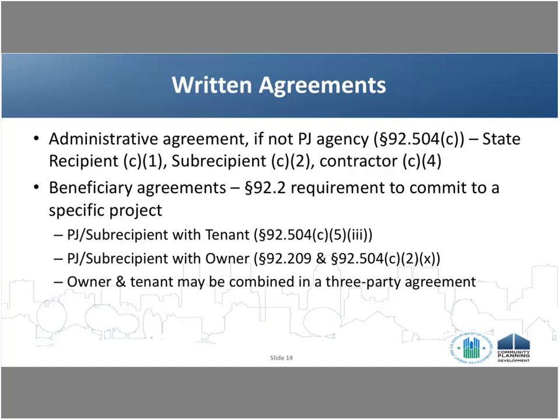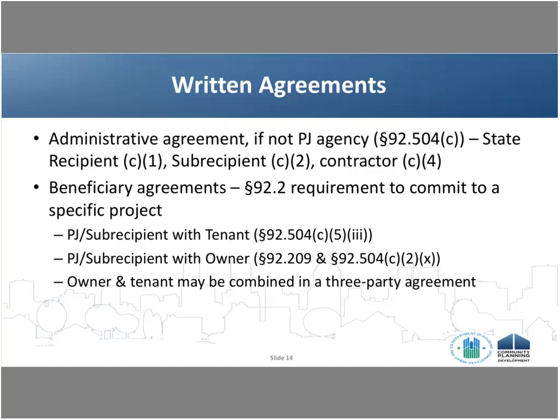So the bottom line here is that the administrative details that I wanted to draw your attention to before we get into the actual policies and procedures is that as the PJ, number one, you're responsible for program performance and compliance, whether or not you designate a subrecipient or a contractor to implement the program on your behalf.